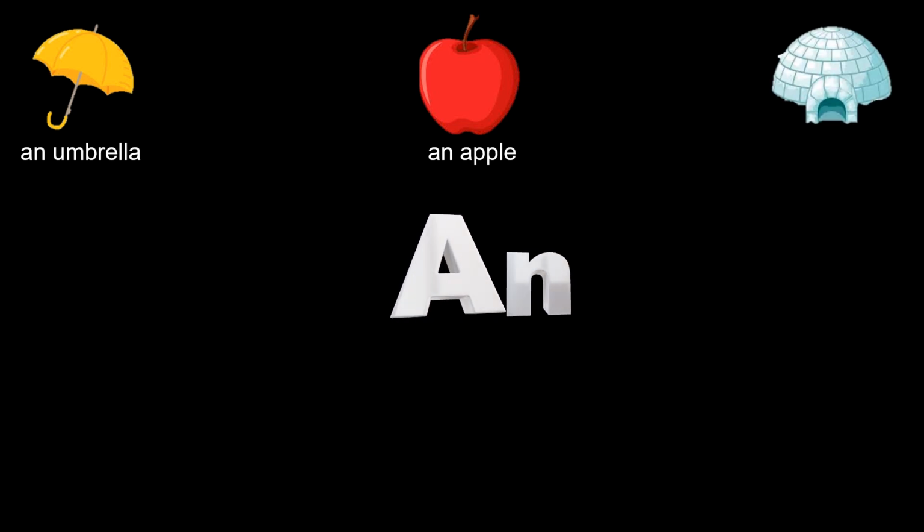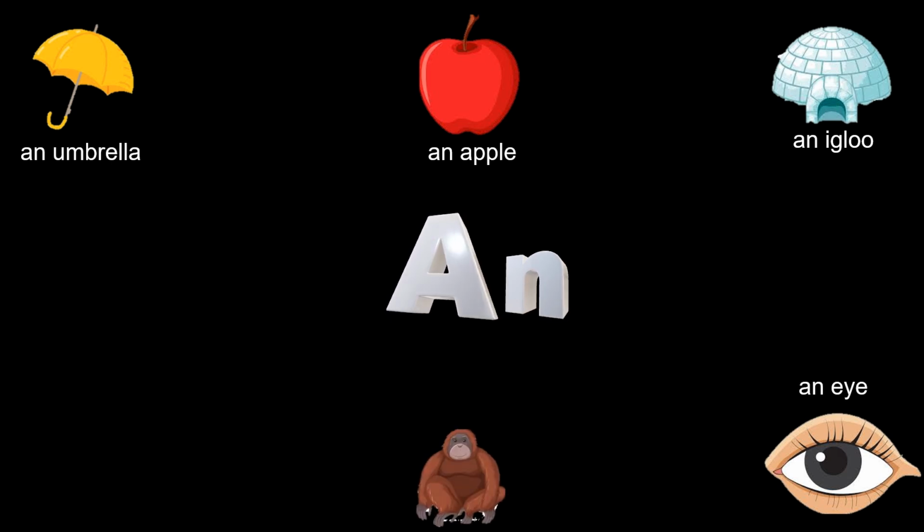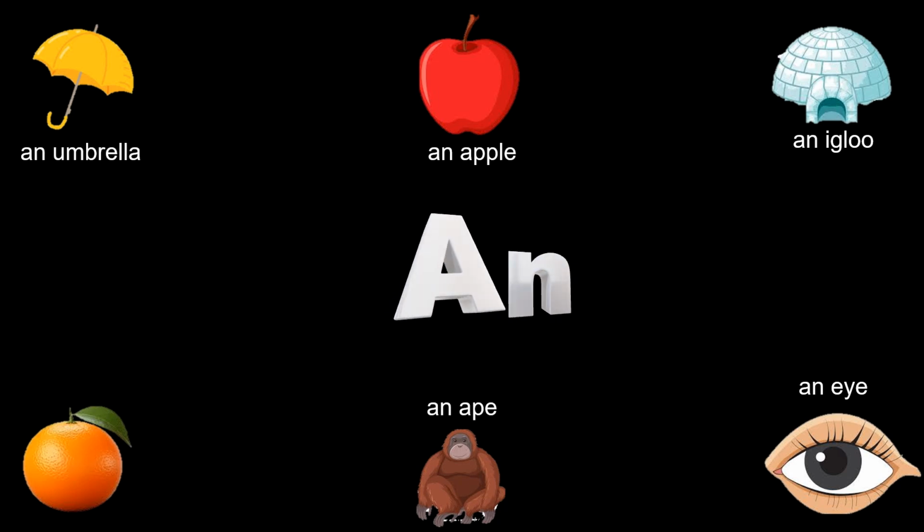Next is igloo. It is starting from I. That's a vowel sound. So we have used an igloo. Next is eye. Starting from a. So an eye. Next word is ape. This is an ape. Starting from a. And the last one is orange. An orange.